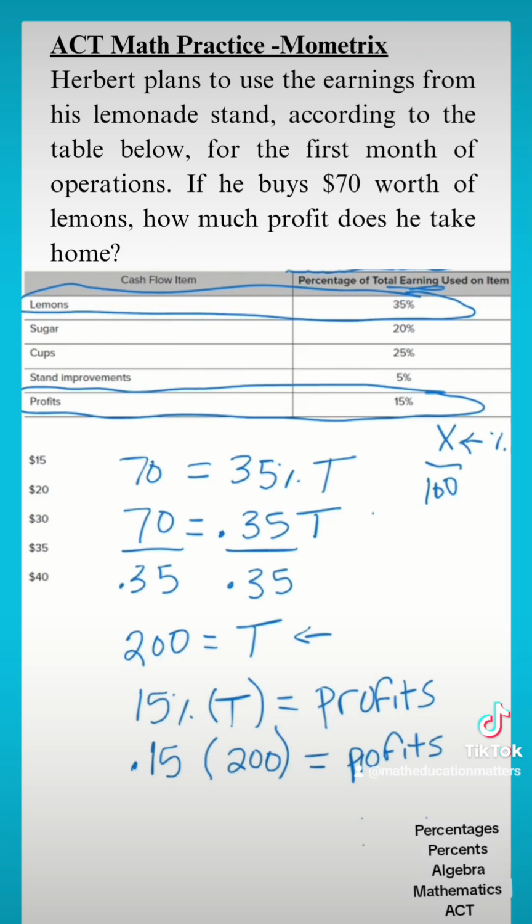So 0.15 times 200 is equal to $30. So his profits are $30. And that's this answer here.